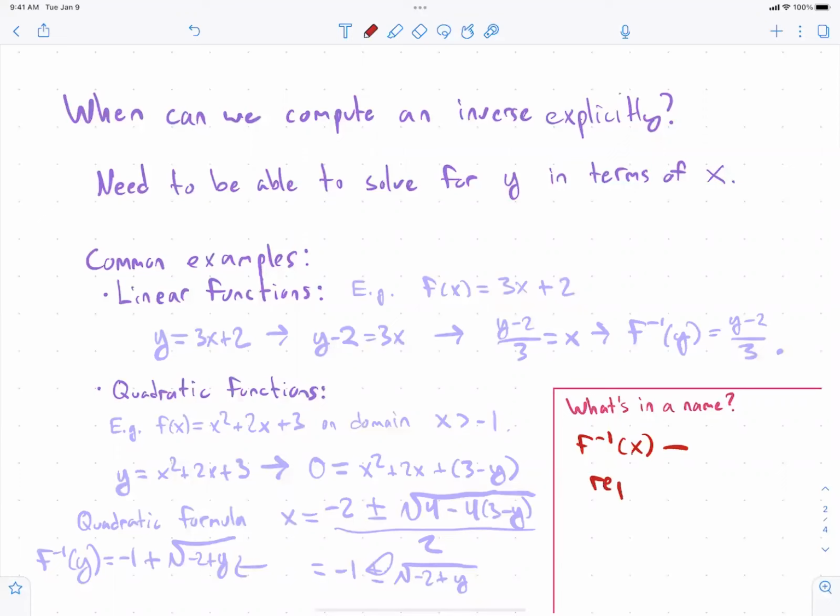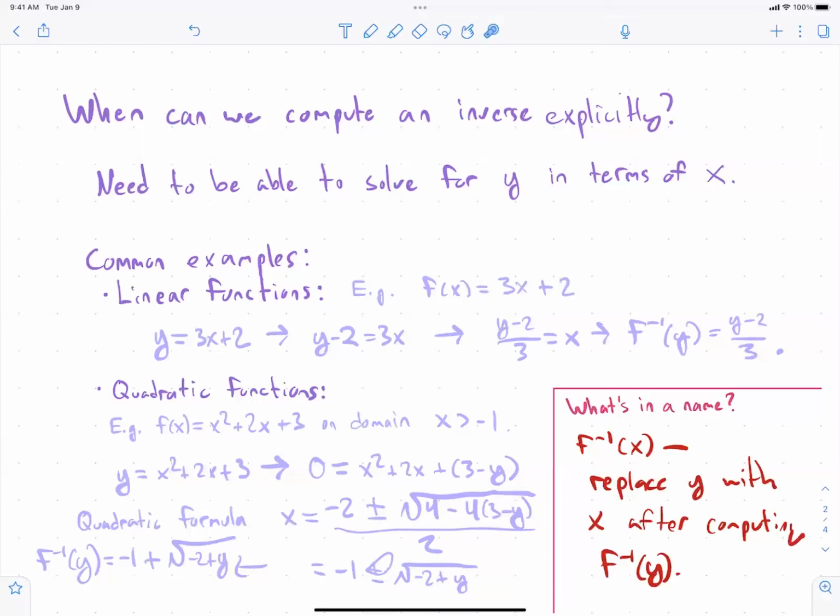So you just replace y with x after computing f inverse of y. When a problem asks for f inverse of x, that x is not the same x as in f of x. It's just a name for a variable. You compute it by doing this process here, and then once you have f inverse of y, you just change the name of y to x.